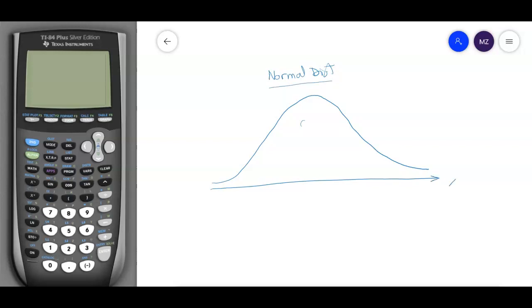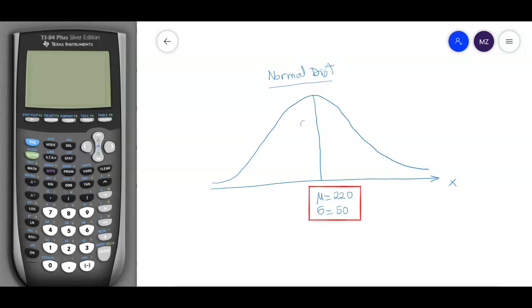This axis over here is going to be called the x-axis, just x. And the middle over here is going to be the mean, which is 220. The standard deviation is going to be equal to 50. These two pieces of information are really important. We need them for the calculation later on.